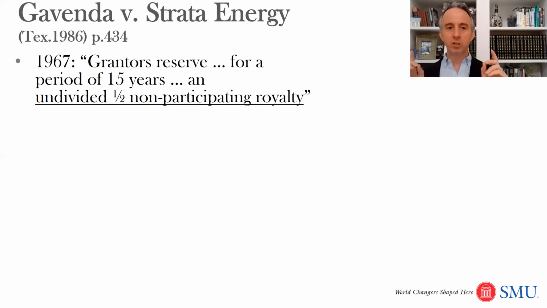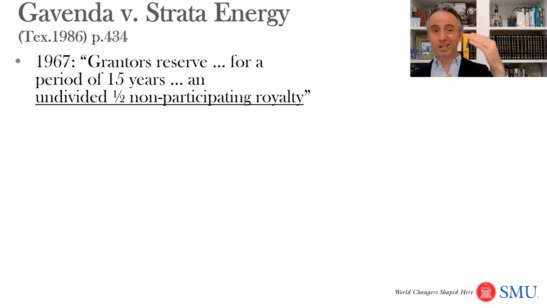And the specific terms of this non-participating royalty interest were that the grantors reserved for a period of 15 years an undivided 1/2 non-participating royalty. So it's a 1/2 royalty. So not like a 1/8 royalty or traditional royalty.